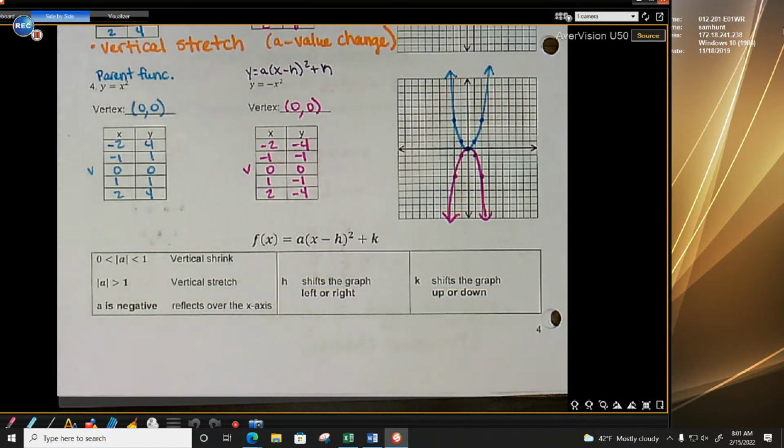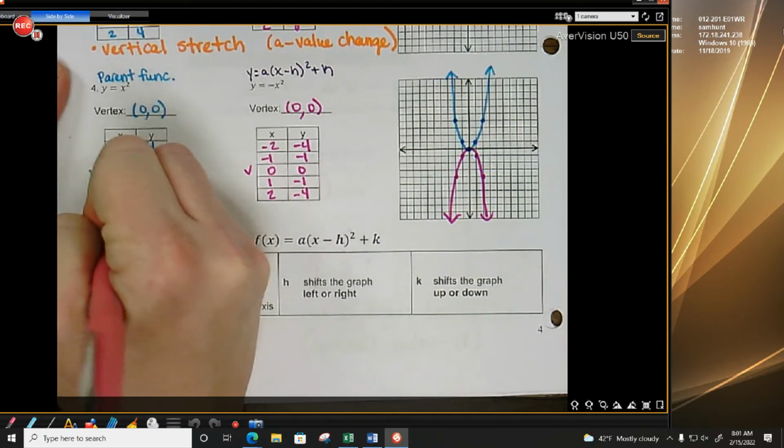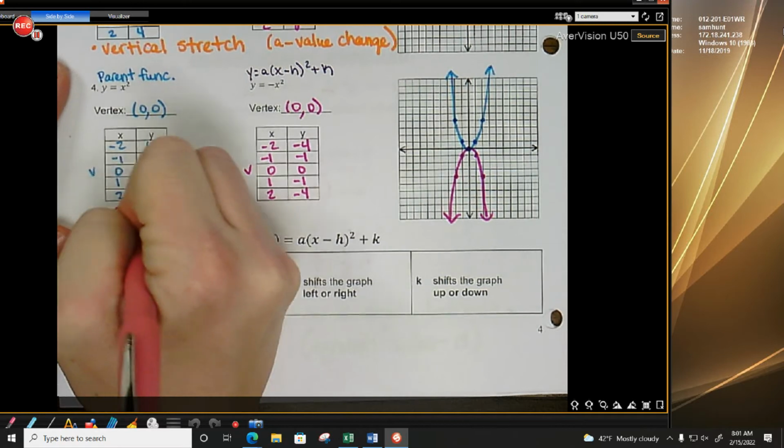So we're going to use the phrase reflect, but whenever you reflect, you have to tell it how to reflect. What did we reflect over? The x-axis. So this is a reflection over the x-axis.